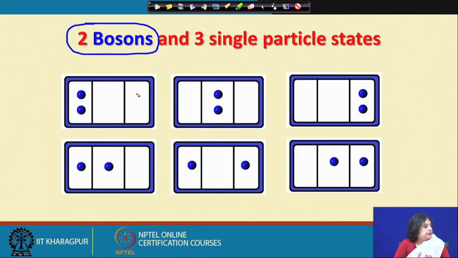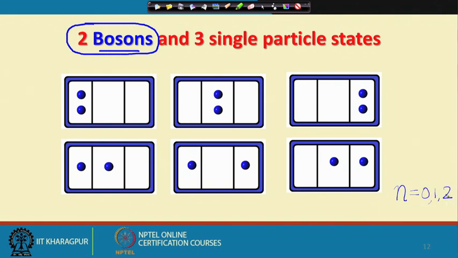These are bosons, and therefore my occupation numbers are going to have values like 0, 1 or 2 for every single particle state. Why do I stop at 2? Because that is the maximum number of bosonic particles that I have in this example.